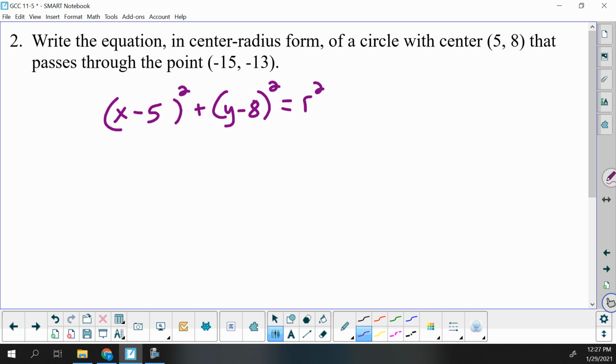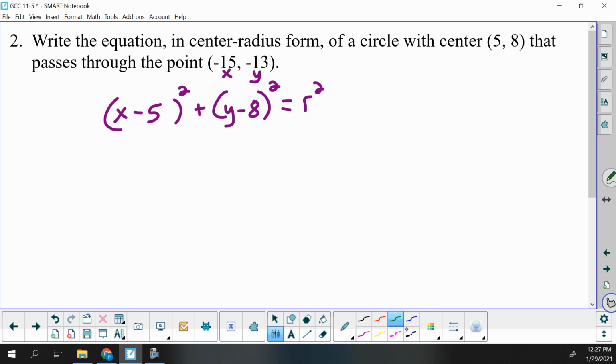If you have a point that is on the graph of any type of line, circle, parabola, whatever you have, if you sub it into its equation, it should come back with a true statement. So because the circle's passing through negative 15, negative 13, that means if we sub those in for x and y, it should come back with a true statement. Knowing that, it will allow us to find what r squared is.